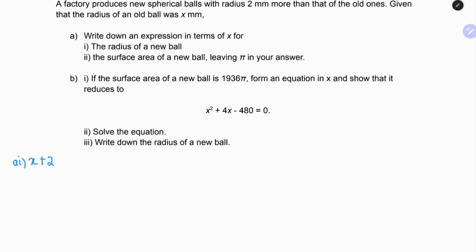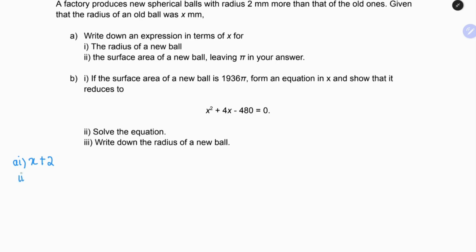If the radius of the old ball was 5 millimeters, and you add 2, it's going to be 7 millimeters. So this is a very simple one.